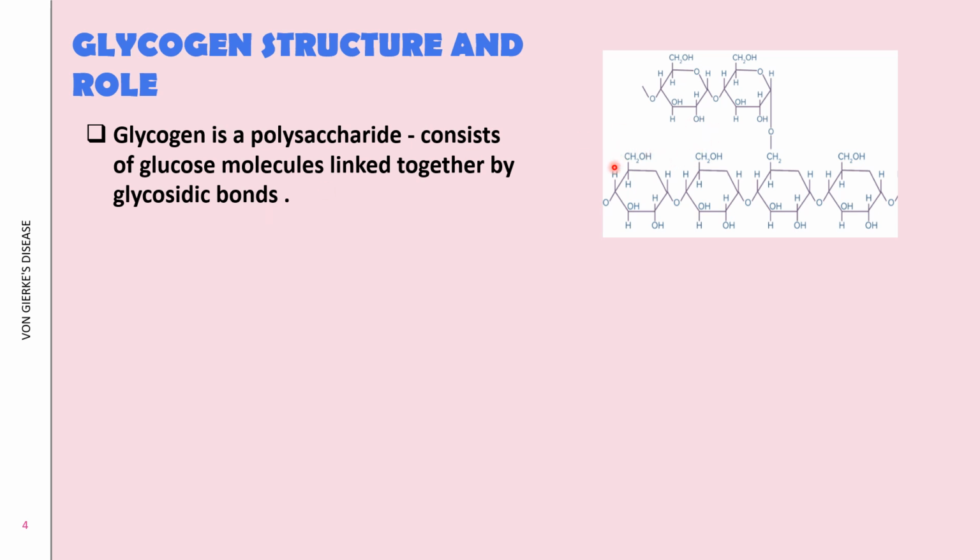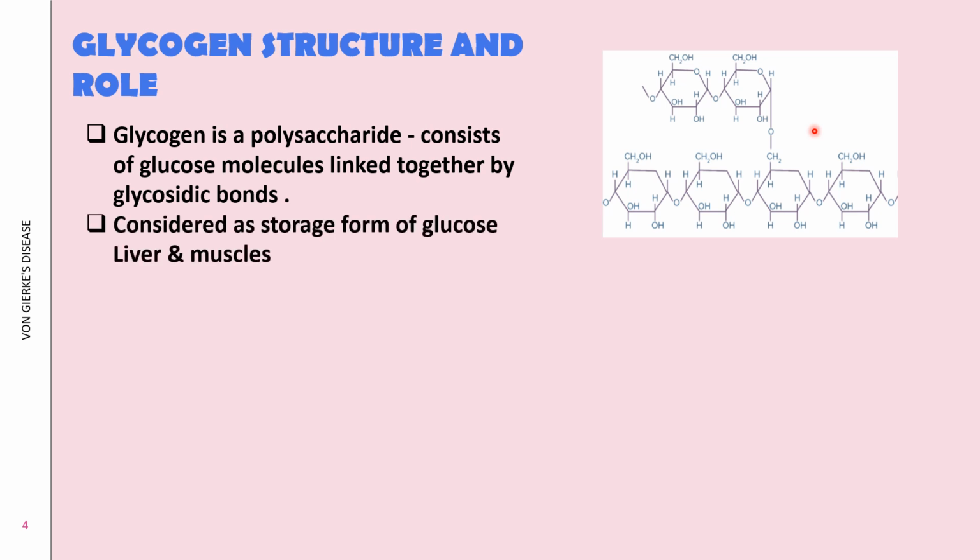This is the structure of glycogen, in which we can see that these glucose molecules are joined together by alpha-1,4 linkages, and at the branching the alpha-1,6 linkages are present. Now this glycogen is considered a storage form of glucose, and it is mainly stored in liver and muscles.